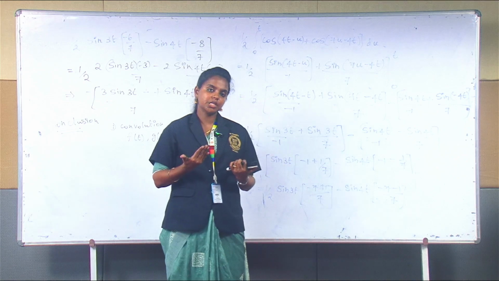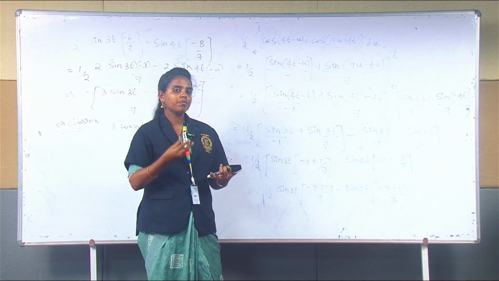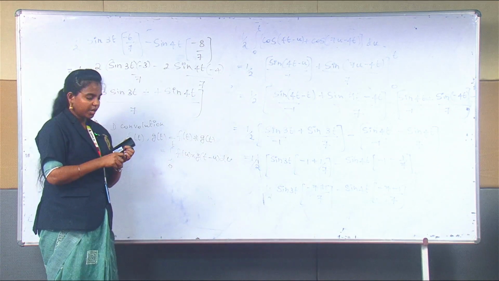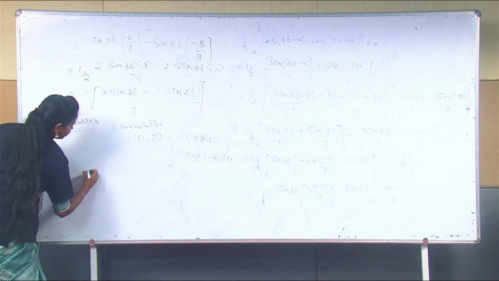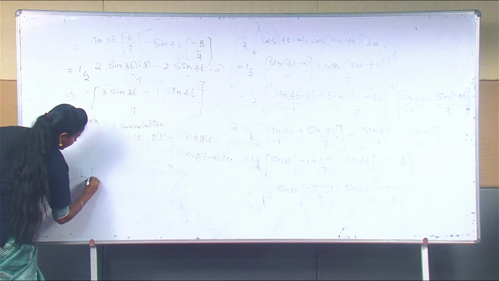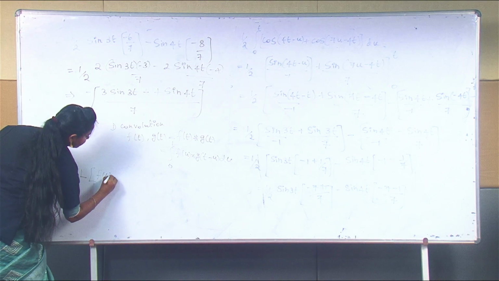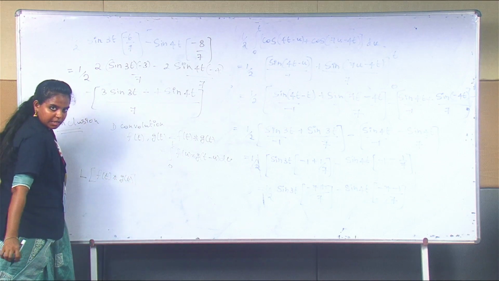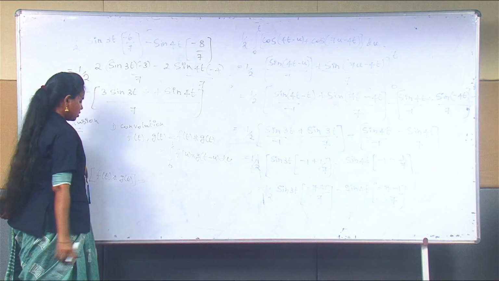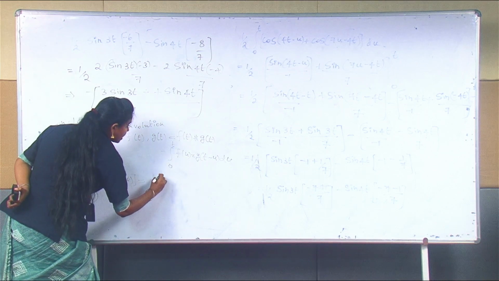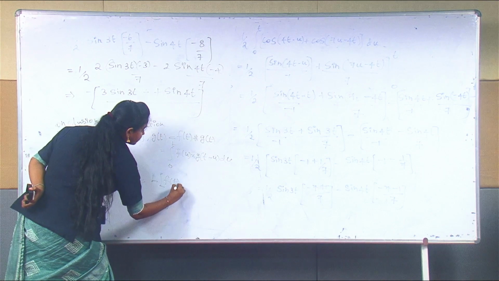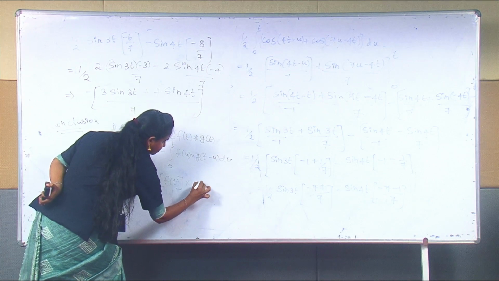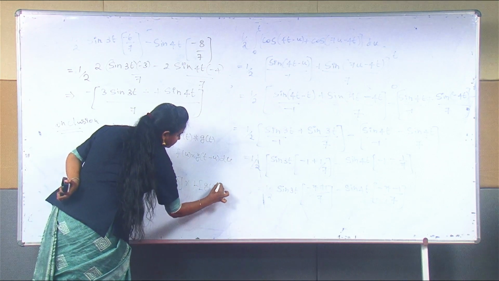Okay, so by using this convolution, we are going for the convolution theorem. What is the convolution theorem? The Laplace of the convolution of two functions, that means L of the convolution of f of t and g of t, is equal to the product of L of f of t into L of g of t.